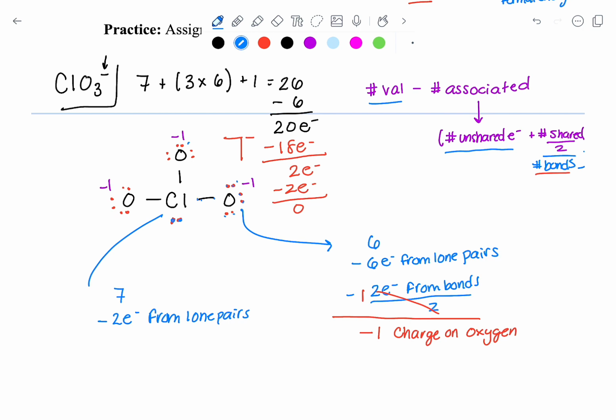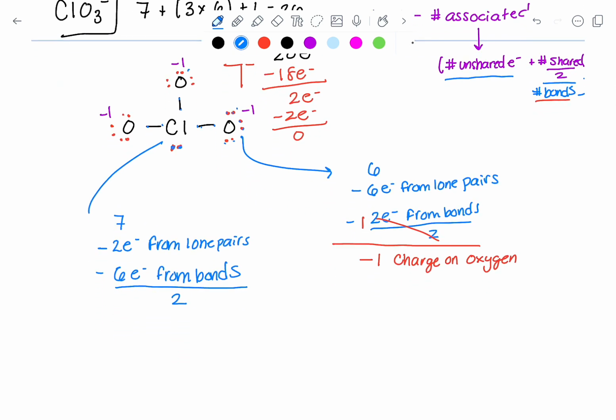So the chlorine has 1, 2, 3, 4, 5, 6 electrons that are in bonds, which we're going to divide by 2 because it can only claim one of each of those electrons from each bond. So this simplifies to 3. So we have 7 minus 2 minus 3, so that would be 7 minus 5, which is a charge of +2. So that means my chlorine has a charge of +2.